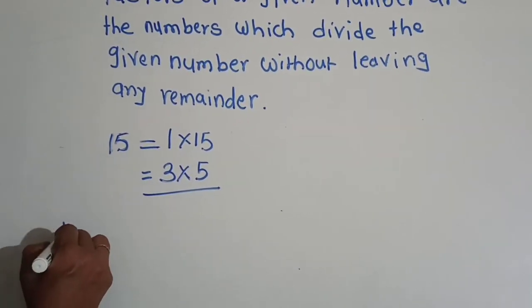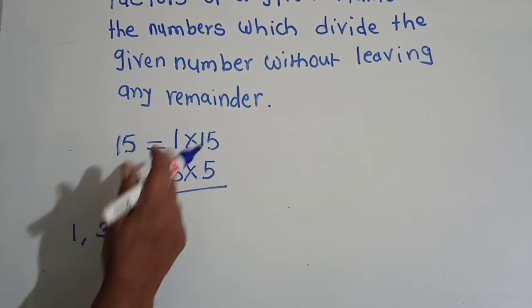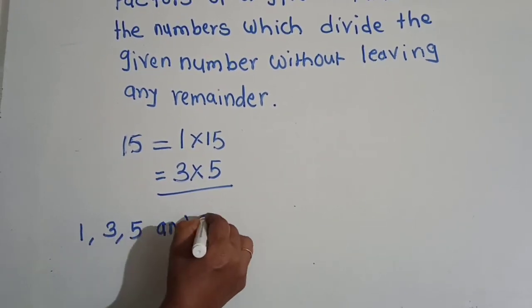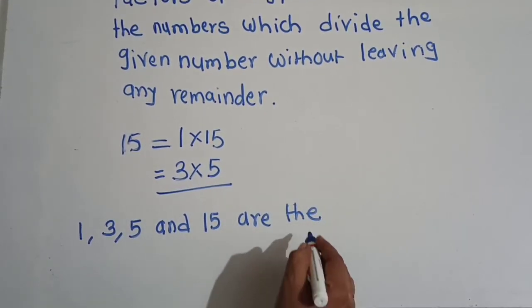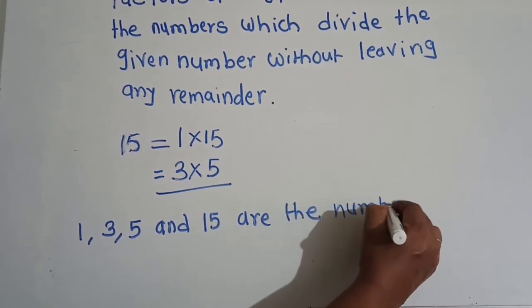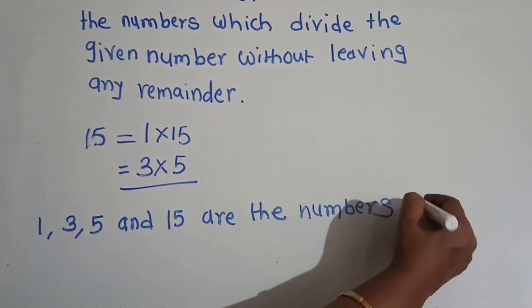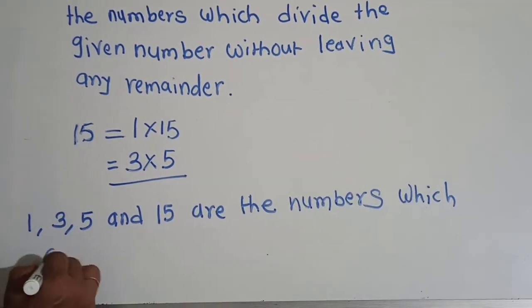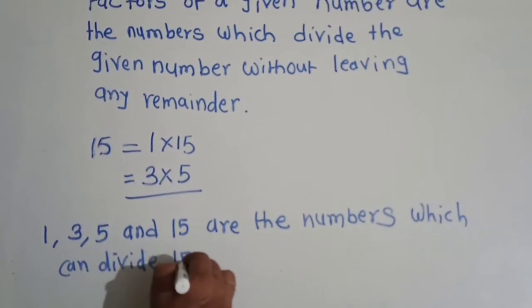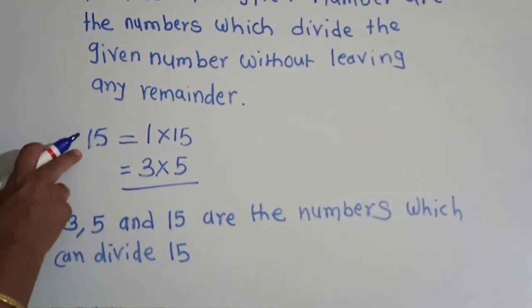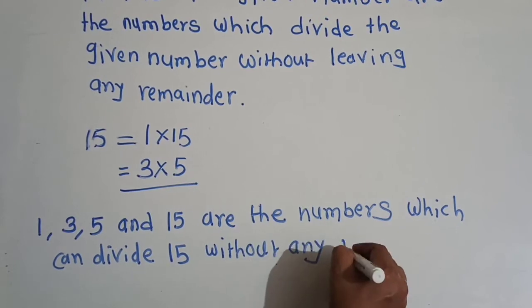Now this 1, 3, 5 and 15 are the numbers which can divide 15 without any remainder.